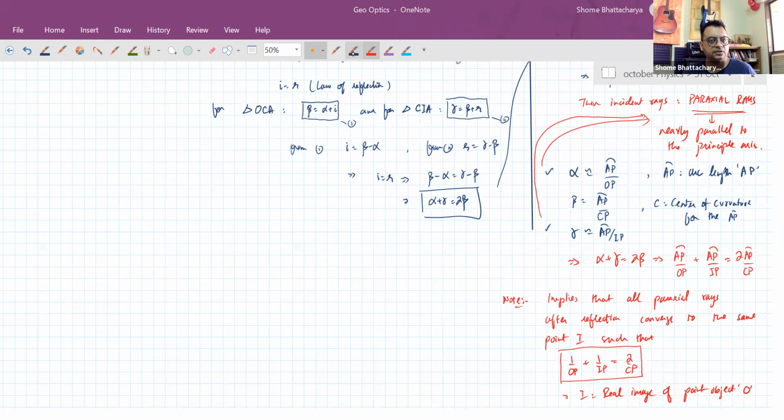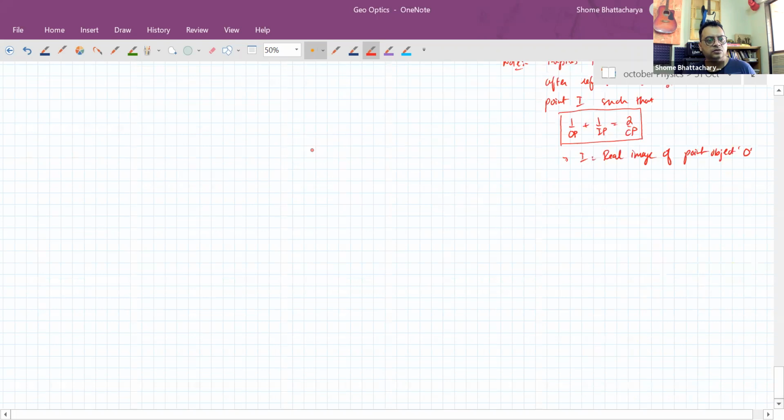Yes, exactly. We can get the UV formula, Jagannath, but now we have to incorporate the sign convention, because otherwise we'll get a different formula for different situations.